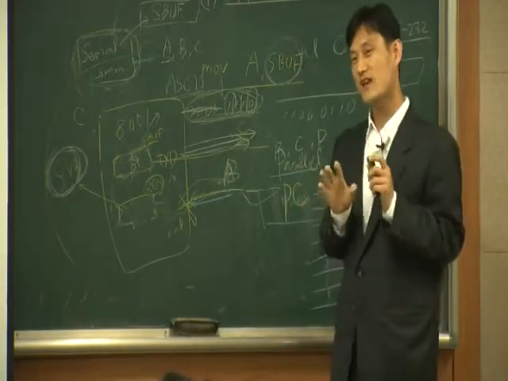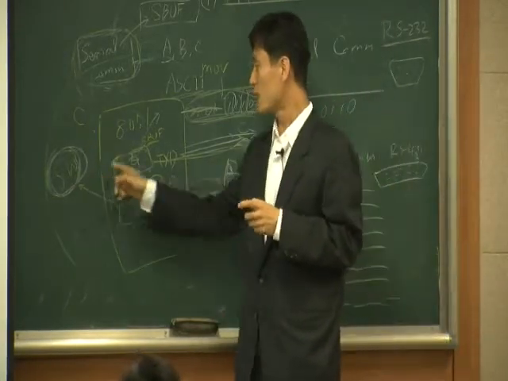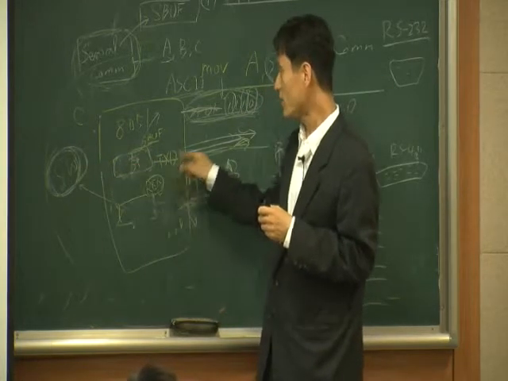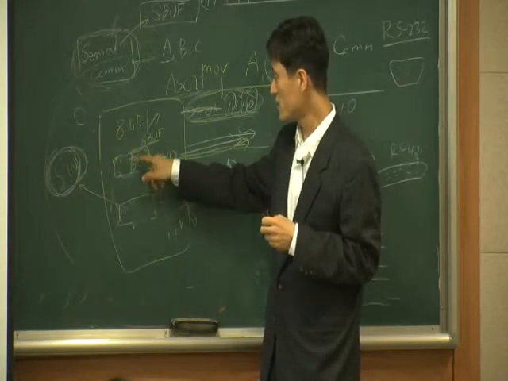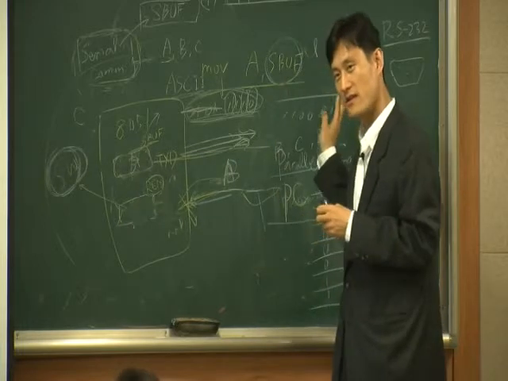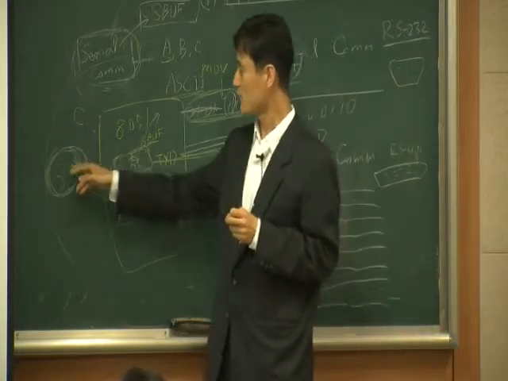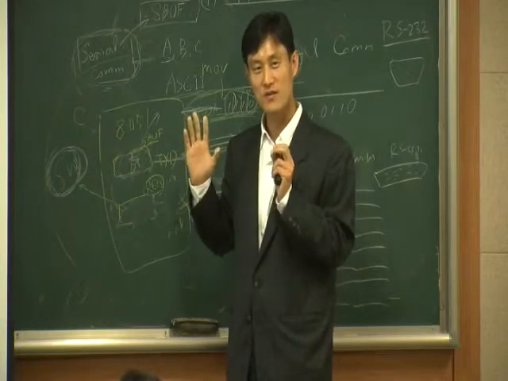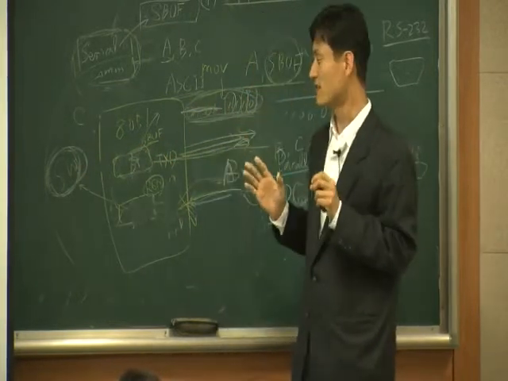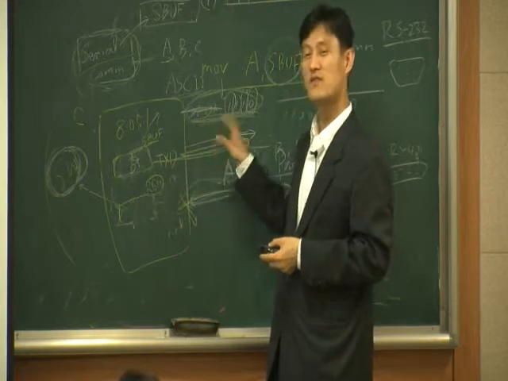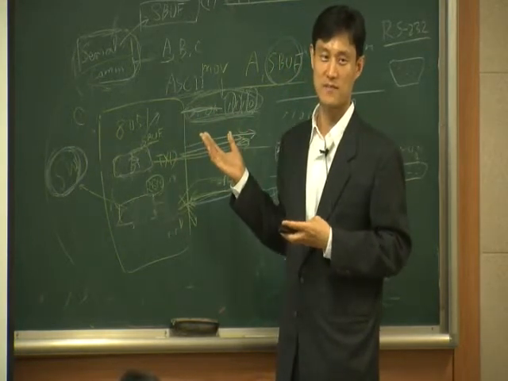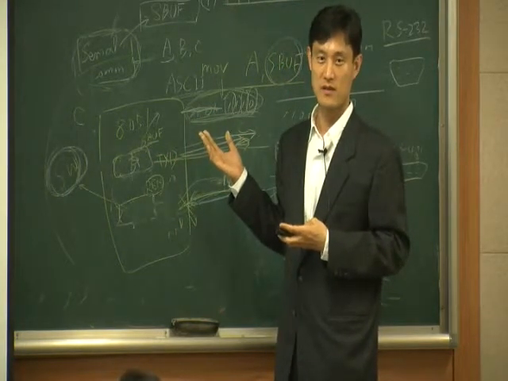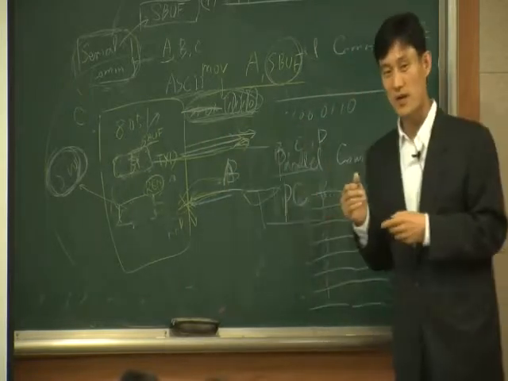So the best case is that software writes A and hardware finishes transmitting A, and then the software writes B. That's the best case. But software doesn't know. Software has no idea whether hardware already finished the transmission or not. Okay? So we have a problem like this.